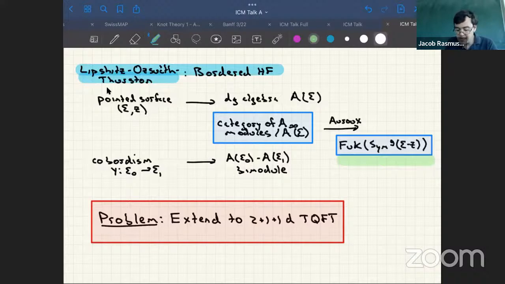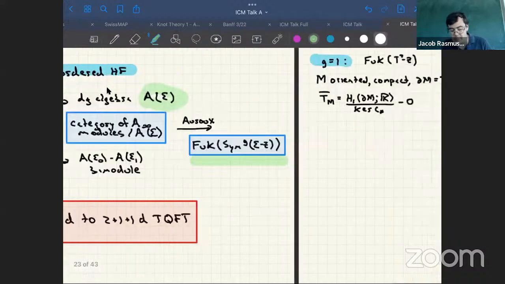But typically the categories in which these invariants land are much more complicated, and it can actually be quite difficult to understand what an object in those categories means.